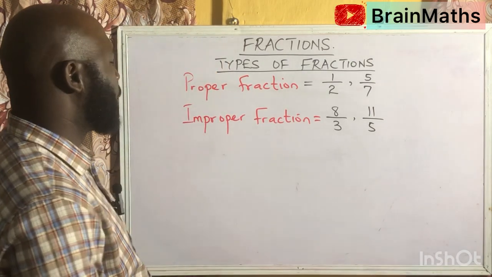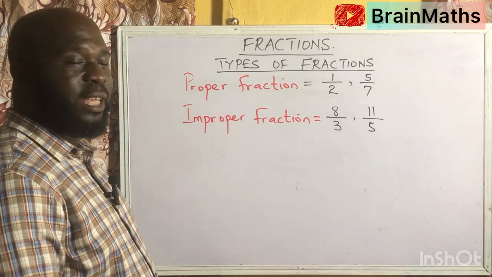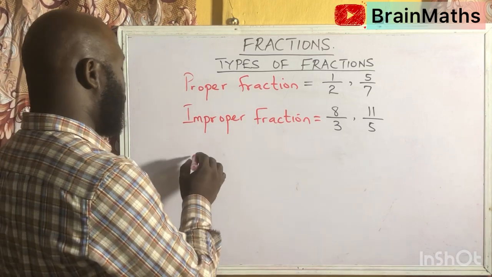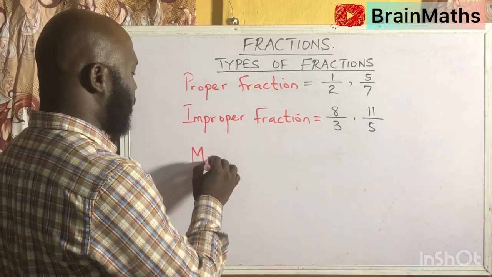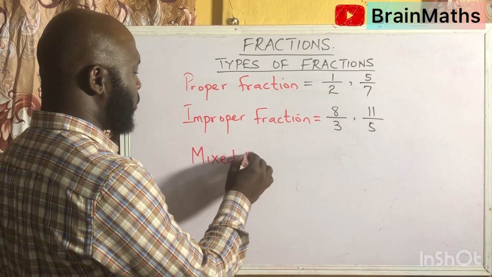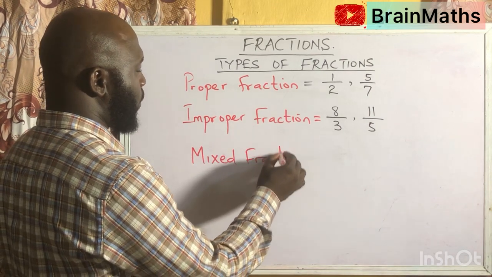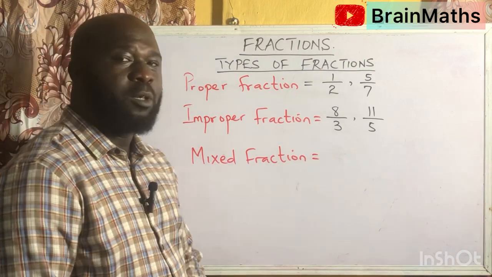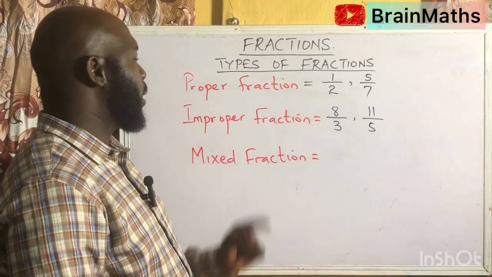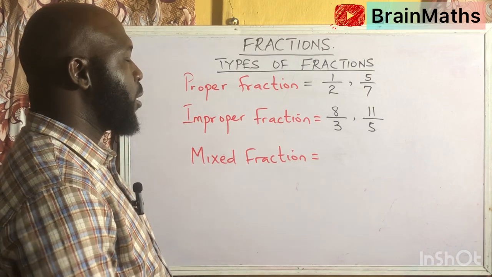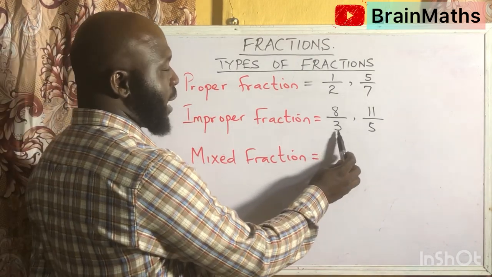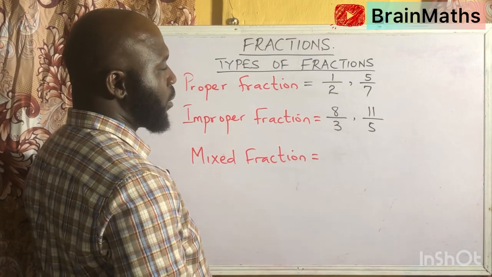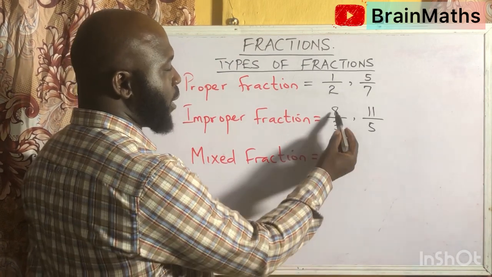Now from an improper fraction, we get another type of fraction that is referred to as a mixed fraction. If you look at this improper fraction, how many 3s can we get in 8?